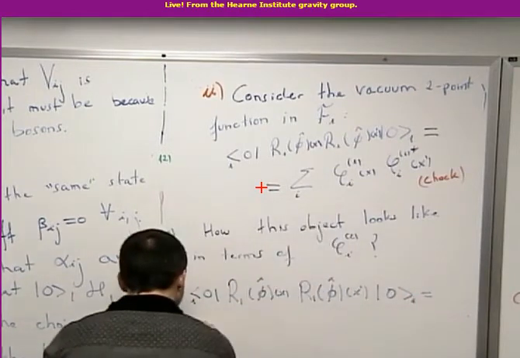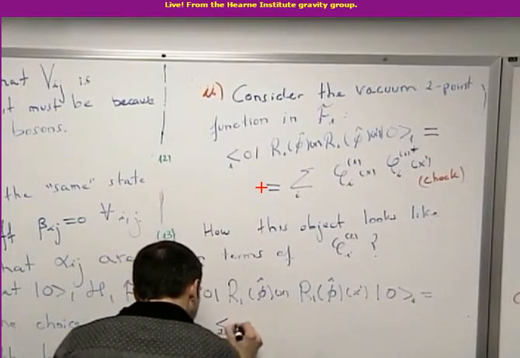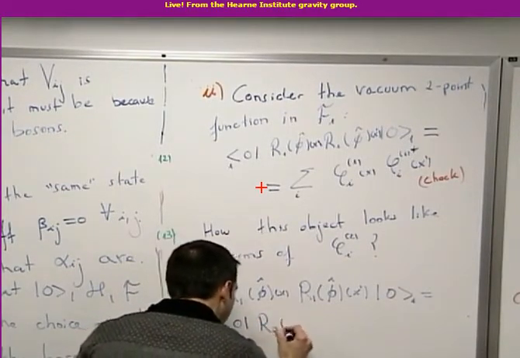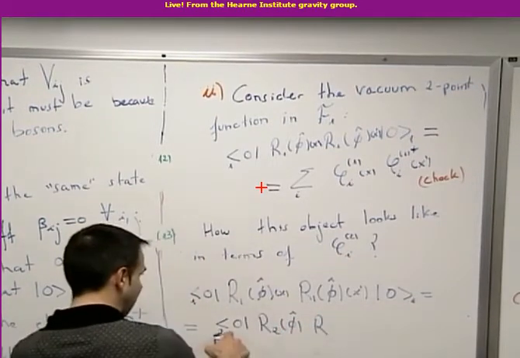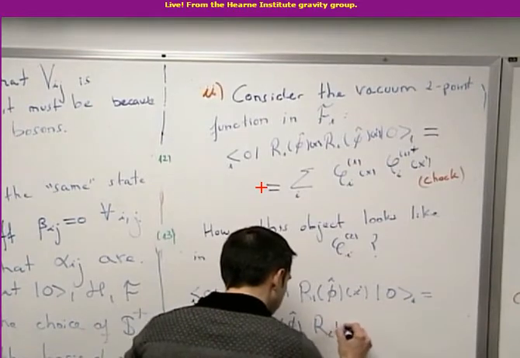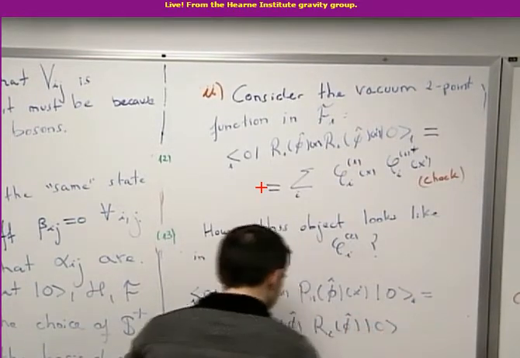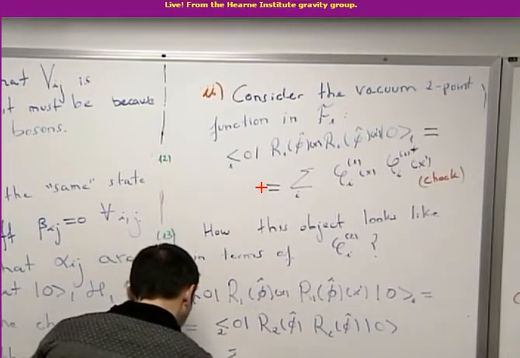So if you do the computation, the result is the following. First of all, it is what you would get if you compute the two-point function with respect to the state 2, plus two more terms.